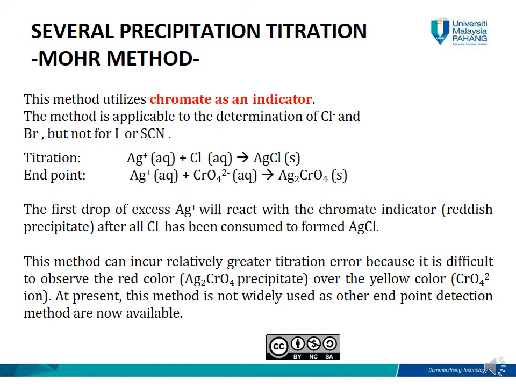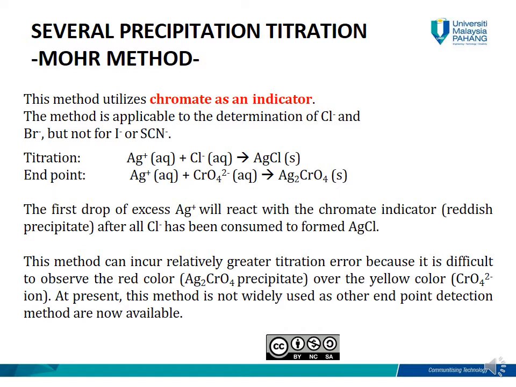The silver chloride you cannot see very clearly, so you need an indicator to see the changes and to determine the endpoint. That's why you need to use chromate in this case.